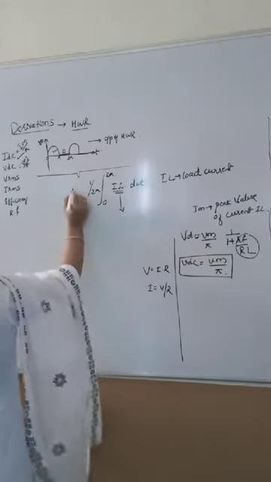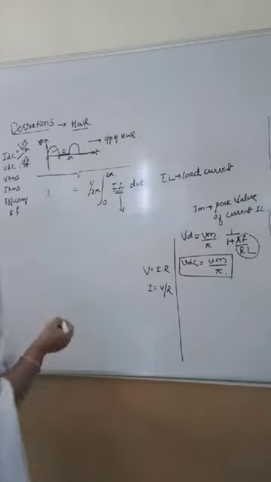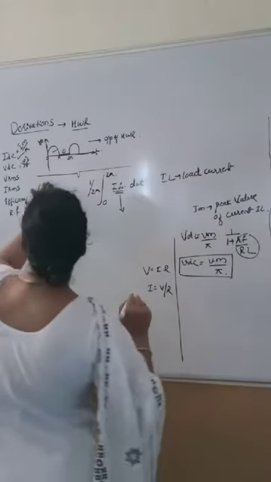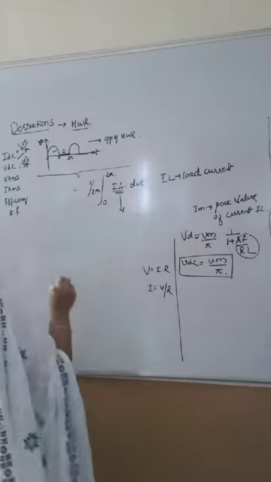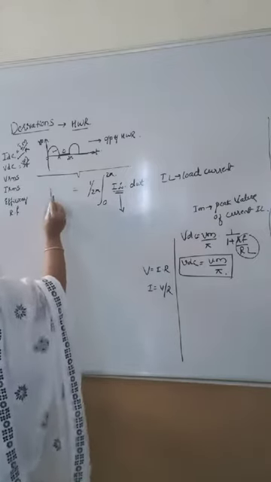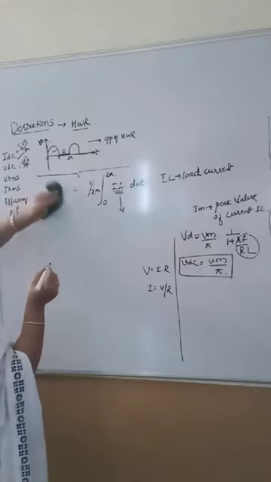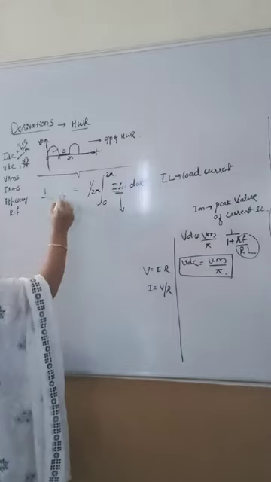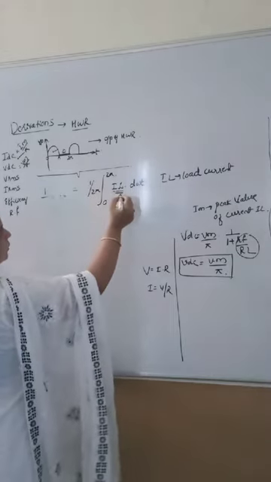So Irms can be written as 1 divided by 2 pi, integral from 0 to 2 pi.